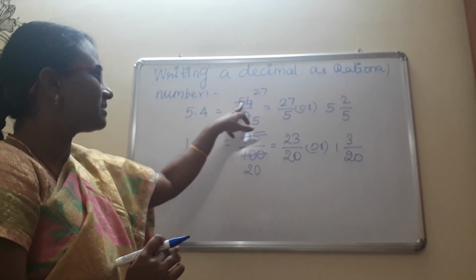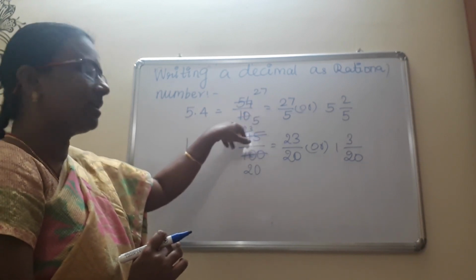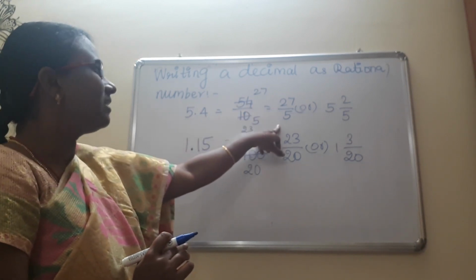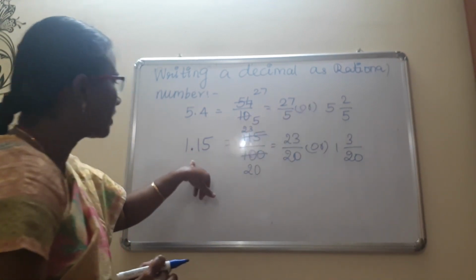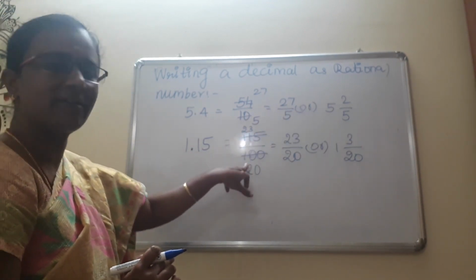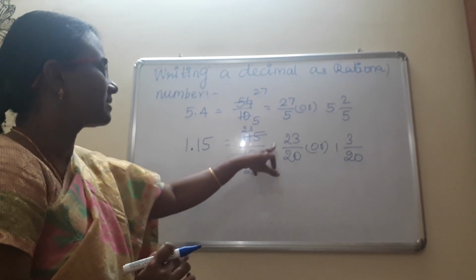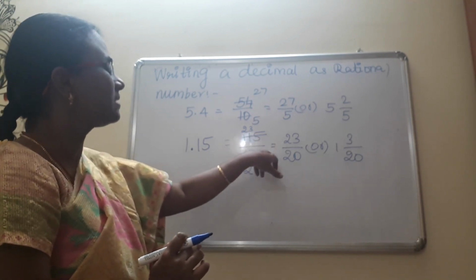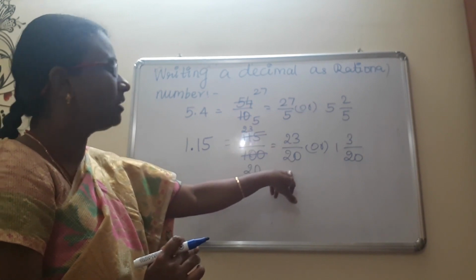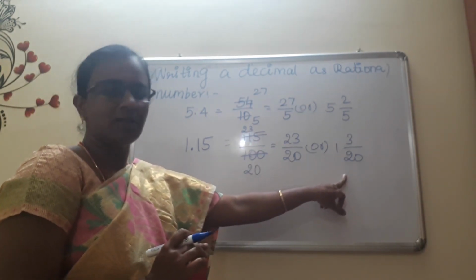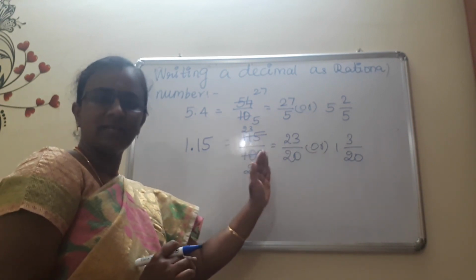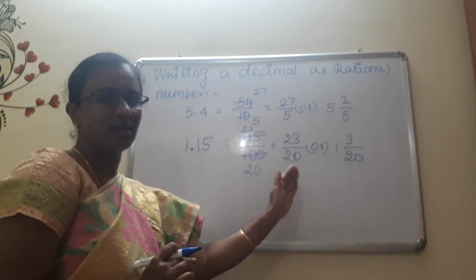So 5.4 is nothing but 54 by 10. We cancel this to get 27 by 5, or 5 2 by 5. So 1.15 is nothing but 115 by 100. We reduce this to 23 by 20 or 1 3 by 20. So this is the way to convert a decimal into a rational number.